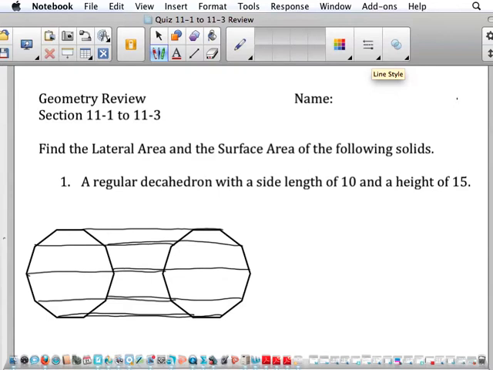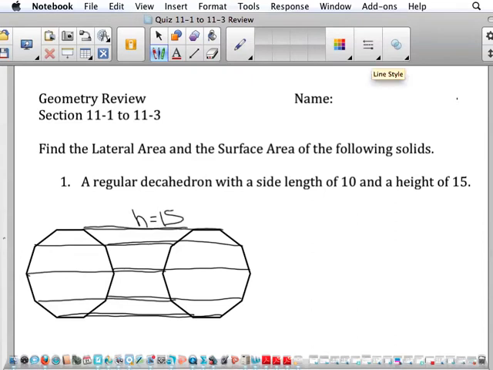I think there were some questions today about what side length and height mean. Sometimes you think height has to be vertical, but in this case it's not. The height of the prism is the part that is perpendicular to those parallel bases, so the height is actually this length right here.